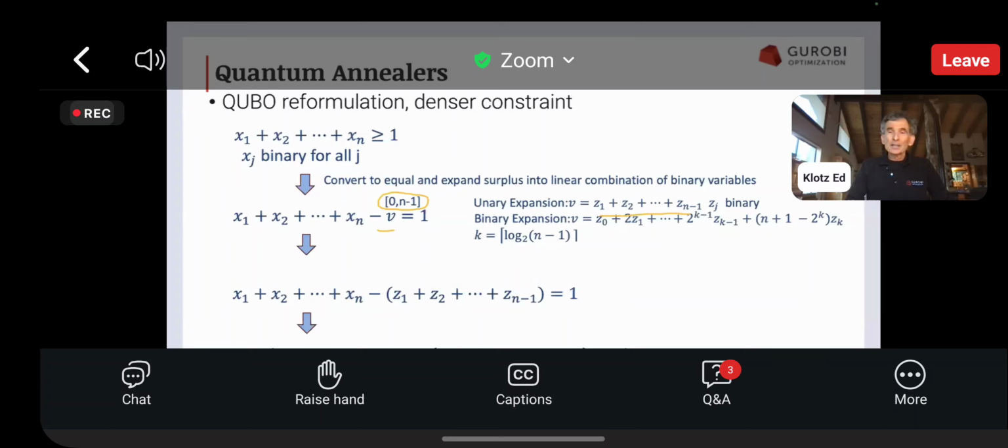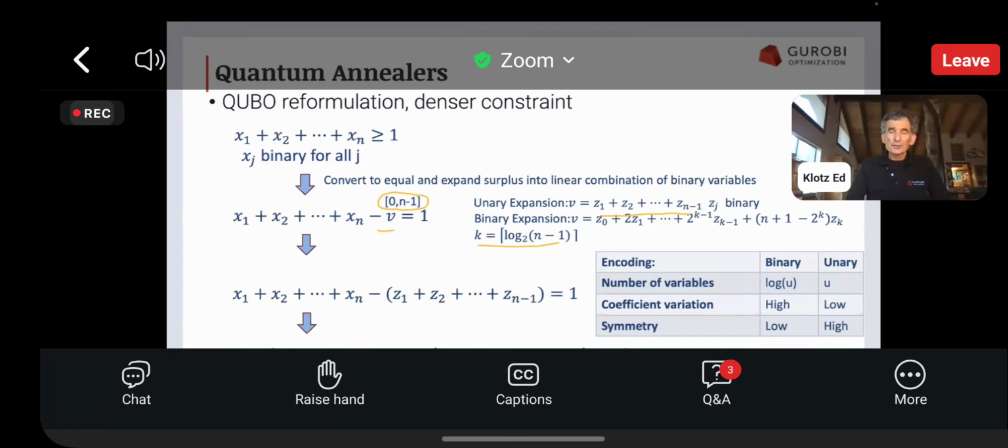So by adding n minus 1 or even the smaller number of variables associated with the binary expansion, we have increased significantly the number of non-zero elements of the Q matrix, which we'll see later is relevant. So there are some trade-offs between binary and unary expansions here that come into play.